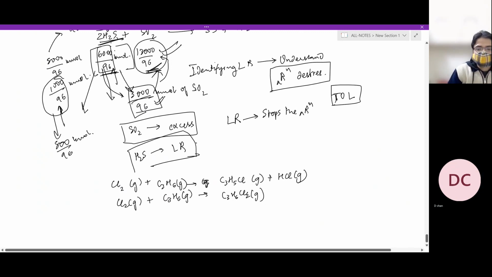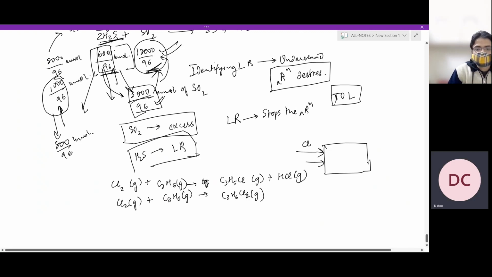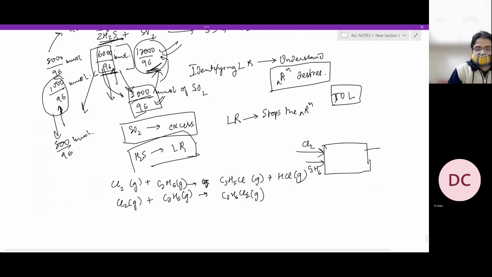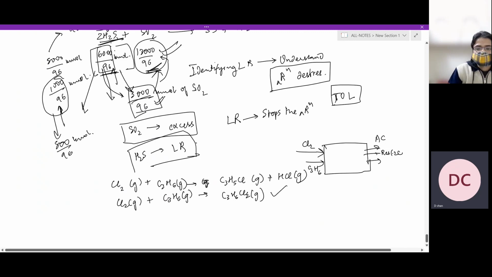What's happening here is that the chamber is actually being supplied with one side of chlorine gas, another side with propene, and the products are three: one is allyl chloride, another is residue, this one 2-chlorine, and another is HCl, right?